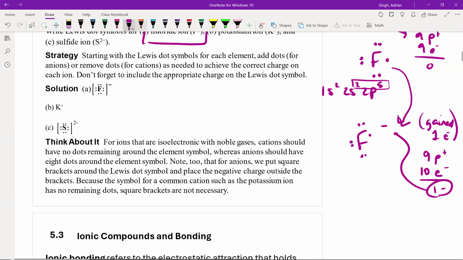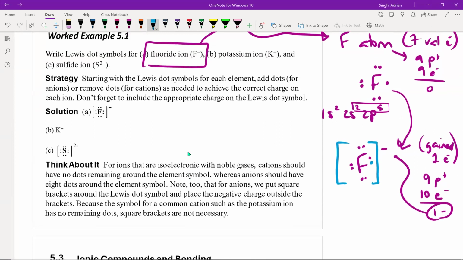Now I'm going to stick that extra electron in right here. I'm going to encompass this in square brackets, and then the charge goes as a superscript on the outside. And that is your Lewis dot symbol for the fluoride ion in this case, right? This is not fluorine anymore. This is something different. F with a minus charge is called a fluoride ion. That's the name for that ion. And we'll get to the naming down the road.